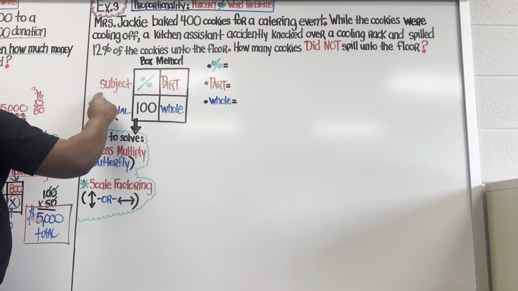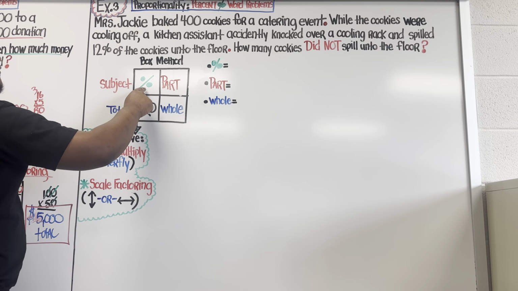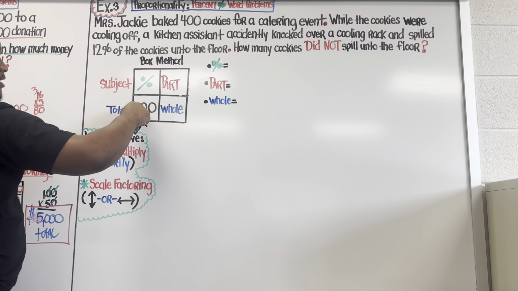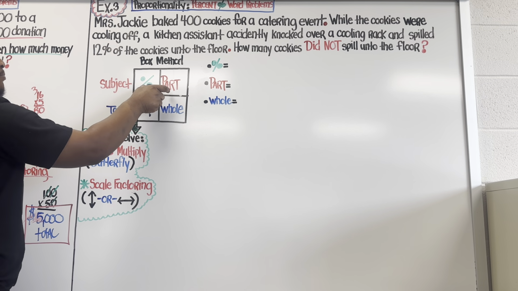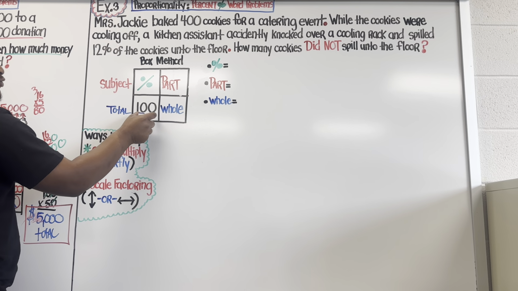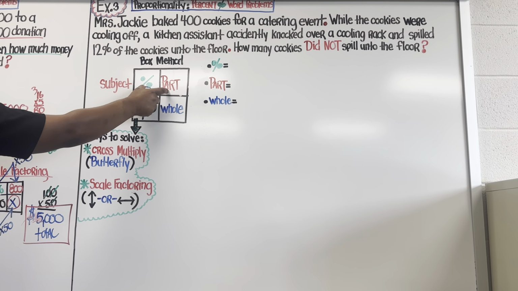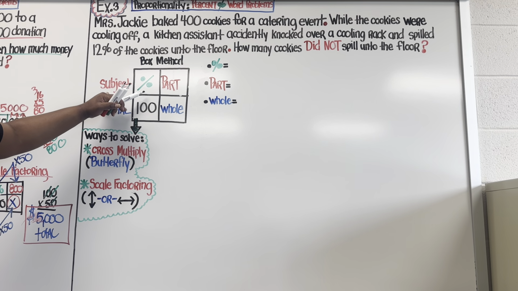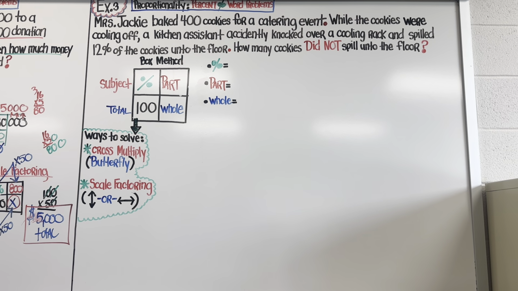The top row is the subject line, right? It's whatever the percent and the part represents, okay? And the percentage and the part is partial of 100 or the whole, okay? So that's why they go in the top row. And we have the subject, whatever it represents, that's what we're gonna put as the top row, okay?